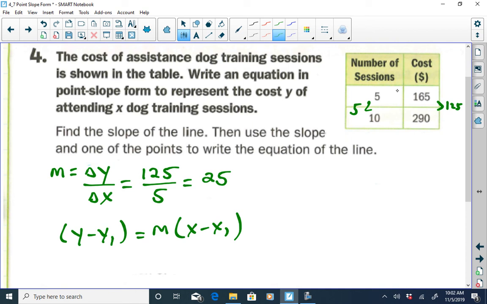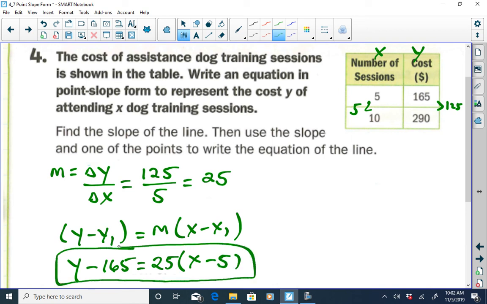I'm going to take one of these ordered pairs. There's an x value. These are my y values. So I'll take that first ordered pair. y minus my y1, which is 165, is going to be equal to my slope, which is 25, times x minus my x1, which is 5. So there's my equation from the table in point slope form.